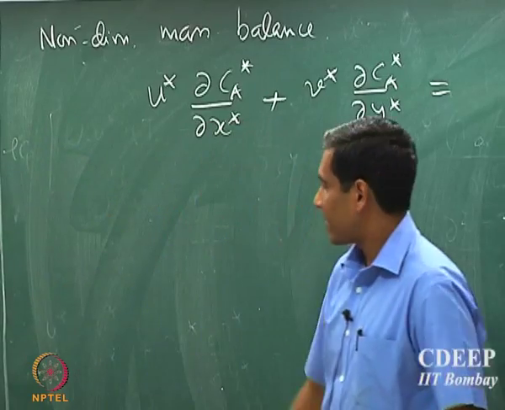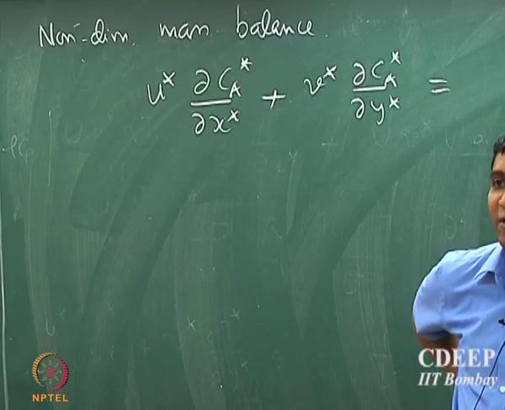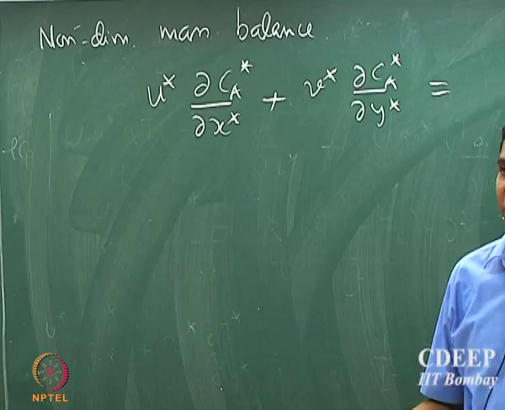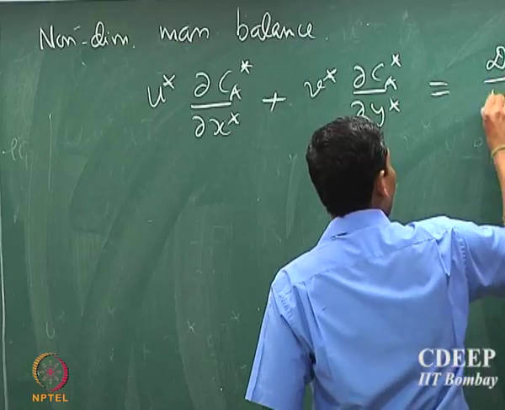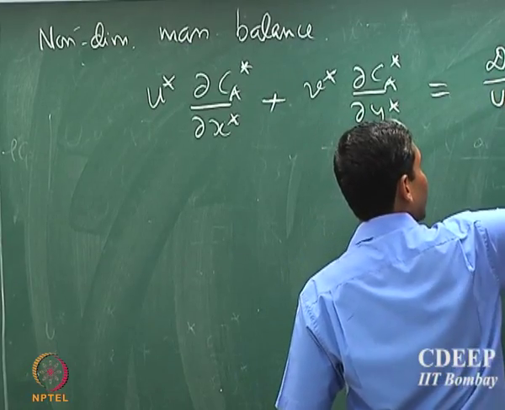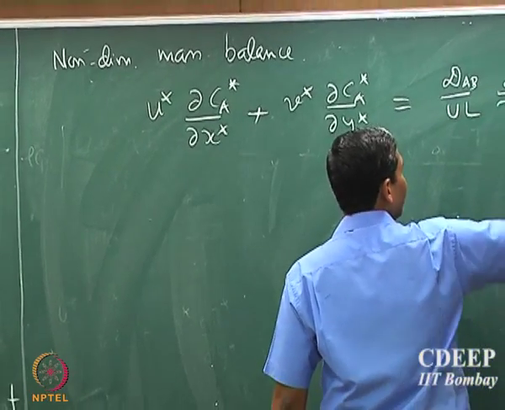Okay, let us not worry about Prandtl right now. So instead of alpha it is mass diffusivity, so there will be DAB divided by UL into d square CA star divided by dy star square.